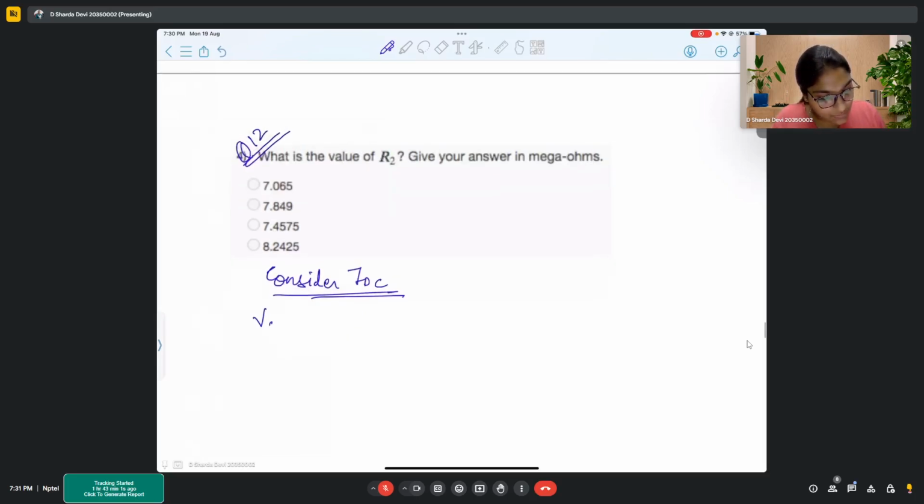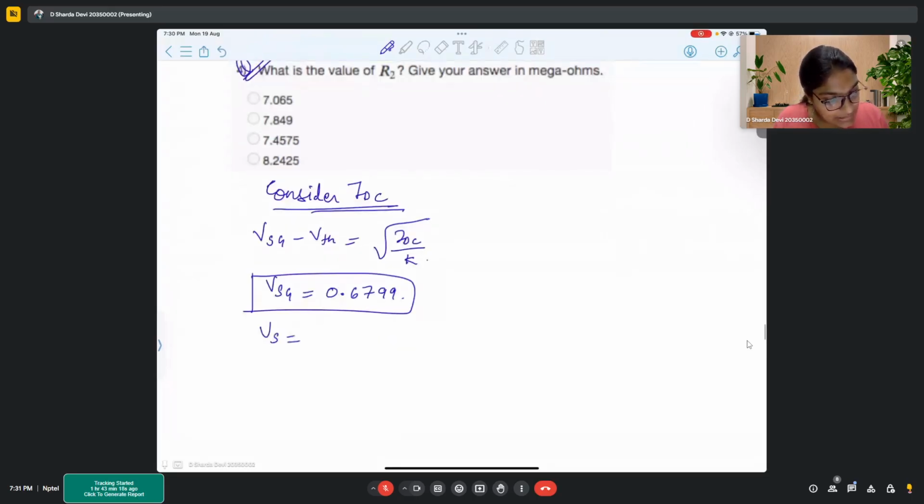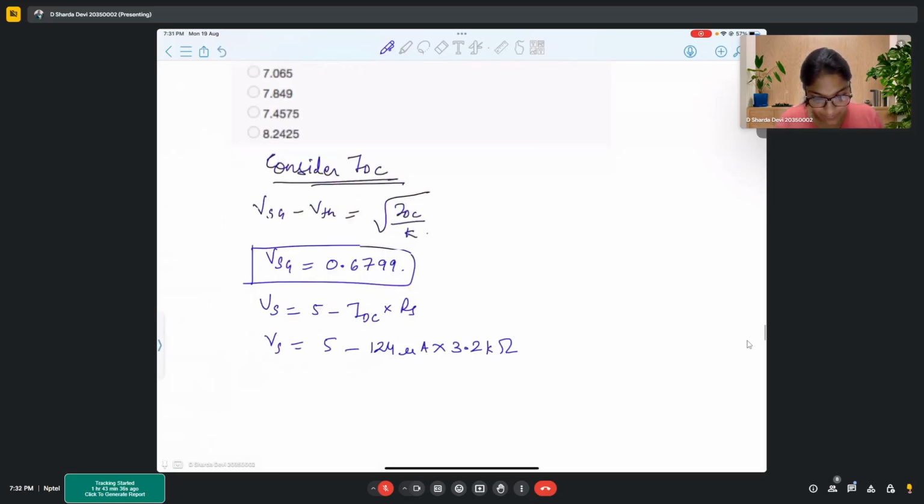Then what will happen? VSG minus VTH is root under IDC by K. From here, VSG turns out to be 0.6799. Vs is 5 minus IDC into RS, so Vs is 5 minus 124 microamperes into 3.2 kiloohms. So Vs turns out to be 4.6032.